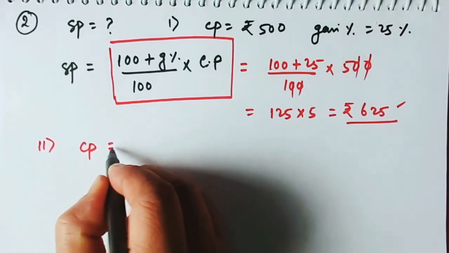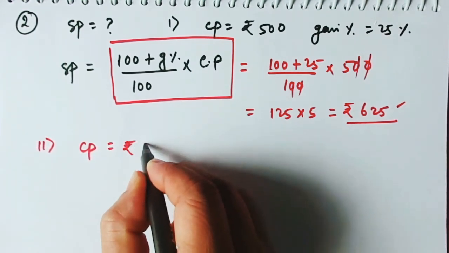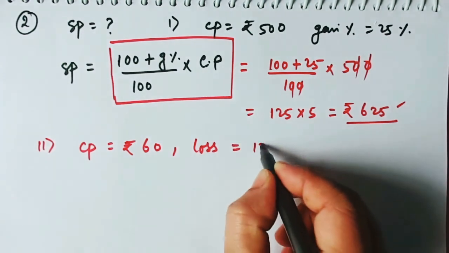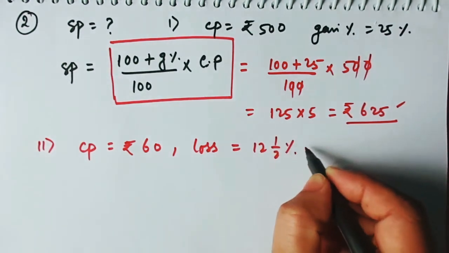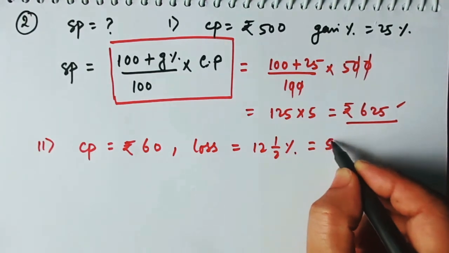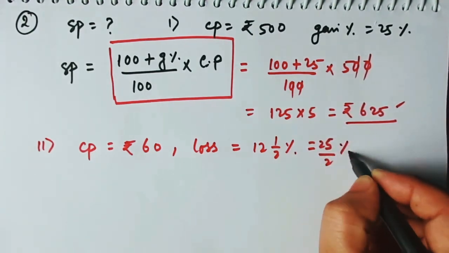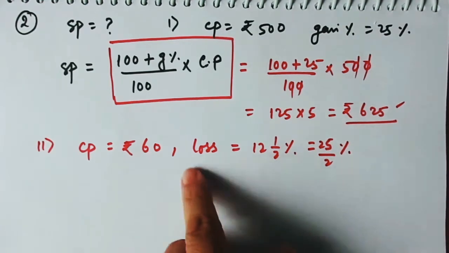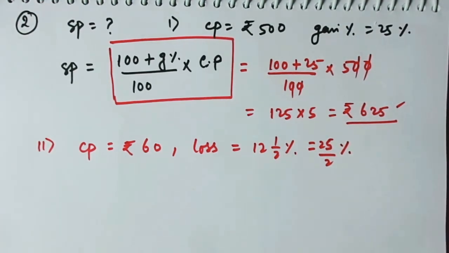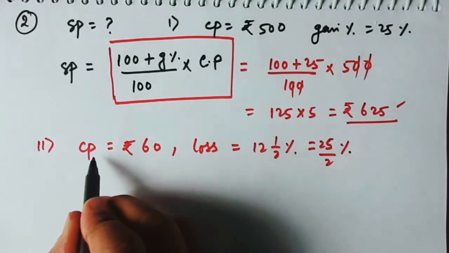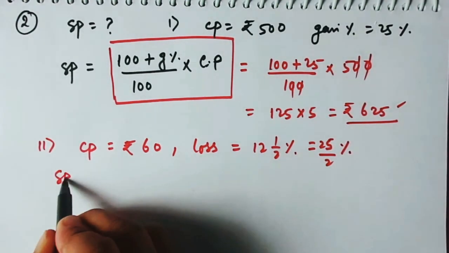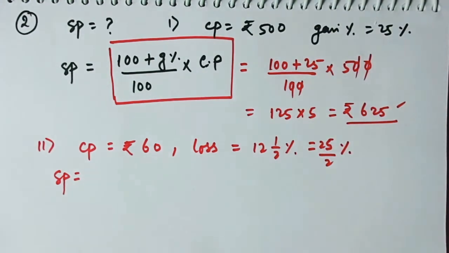They have given you the cost price as rupees 60, fine, and they have given you loss also as 12.5%, means 25 by 2%. Okay, 25 by 2% as the loss percent. So have a look. What we need to find out? The selling price. So your selling price will be equal to, what did I tell you?